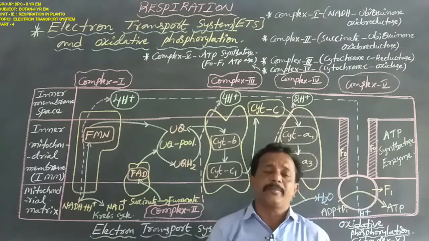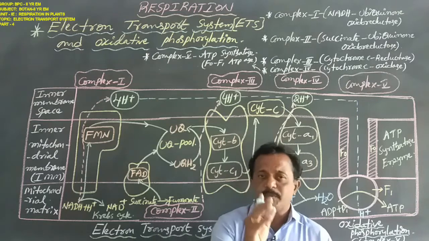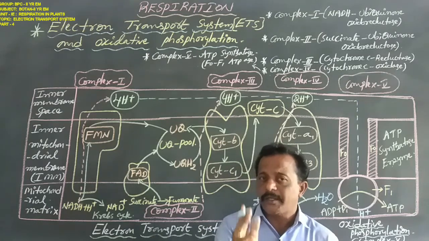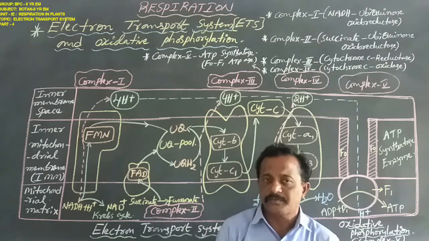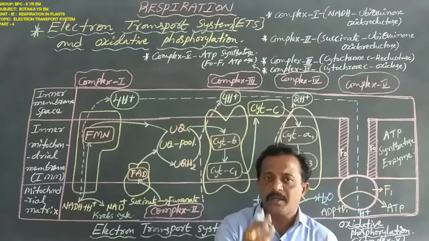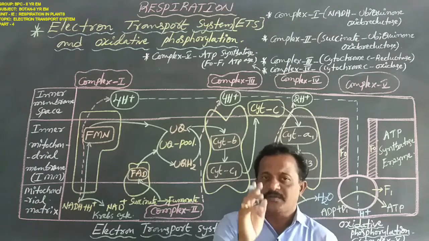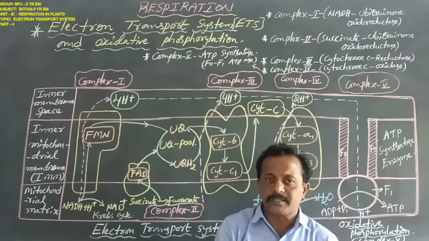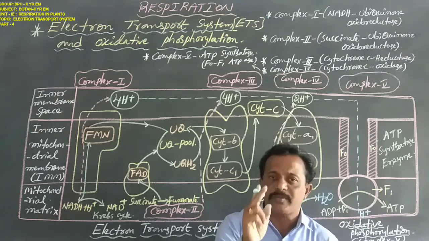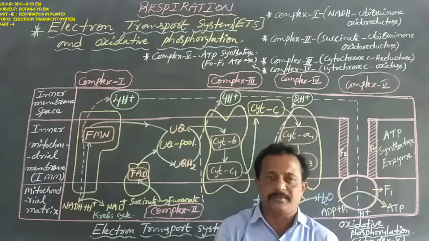Respiration is of 2 types, namely aerobic respiration and anaerobic respiration. Aerobic respiration involves 4 steps. First step, glycolysis, takes place in the cytoplasm or cytosol of the cell.